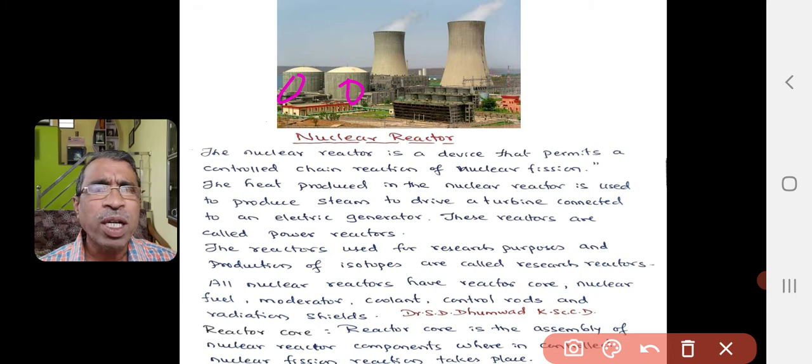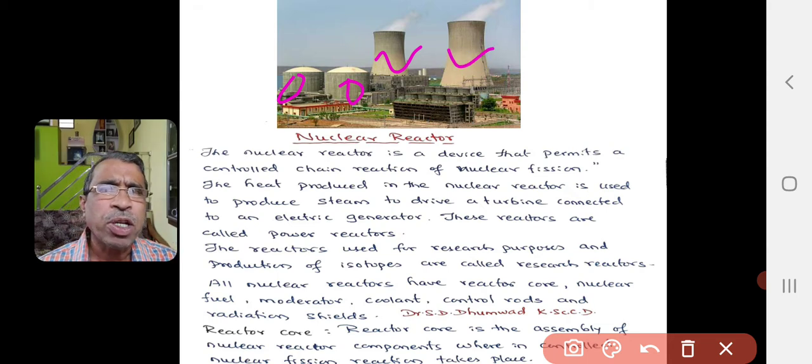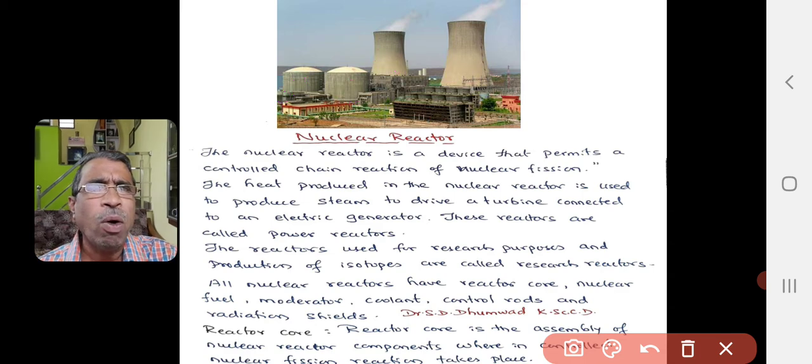But because of the cover, it looks very big. These are the areas where the heat liberated during the reaction is converted into steam, and that steam is used to rotate the turbine for the production of energy, and excess steam will be given out. So this is a general diagram of the nuclear reactor.